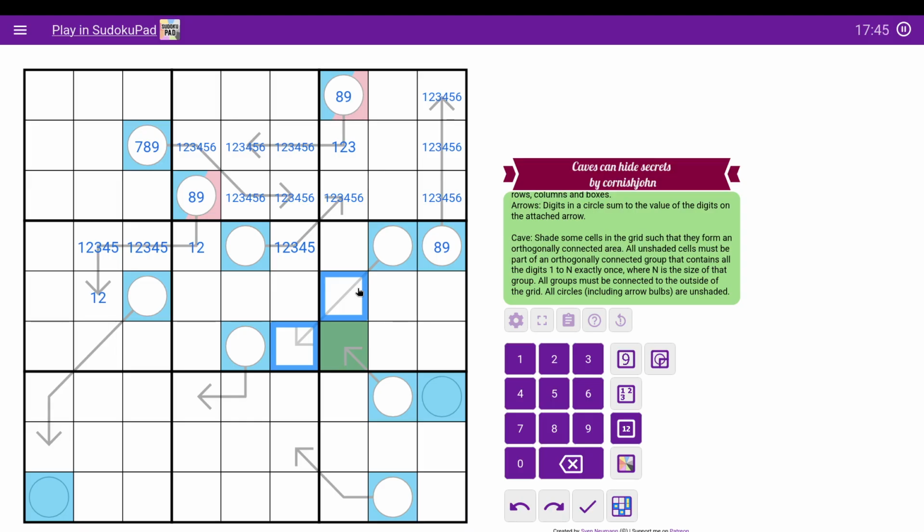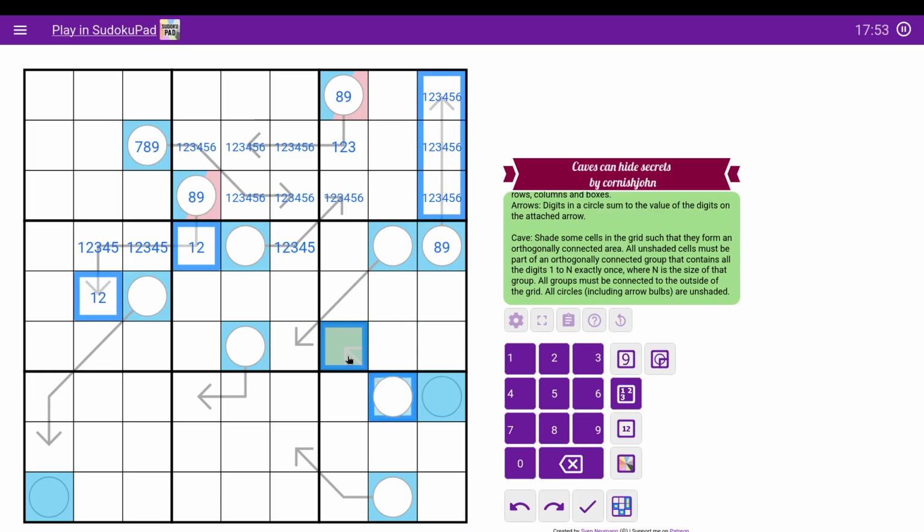So this digit equals this digit, which equals one of these. If it is green, or if it's this cell, could be this cell, yes. This could be very small, because it's 6 or less.